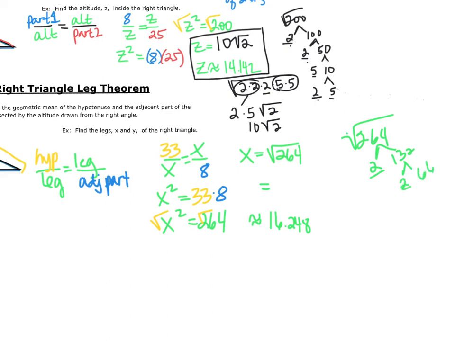Okay, and I know 66 goes into 6 and 11, which is a prime number, and then 6 goes into 2 and 3. So if I do the square root of 1, 2, 3 2s, and a 3 and an 11, take out one of the 2s, and all the rest of them I have to multiply together. 6 times 11 is 66. So it is equal to 2 square root of 66.